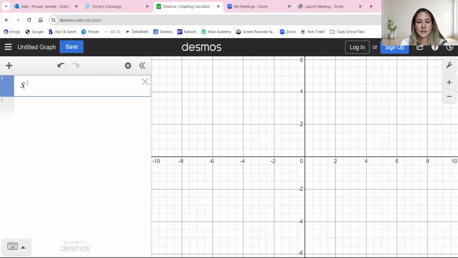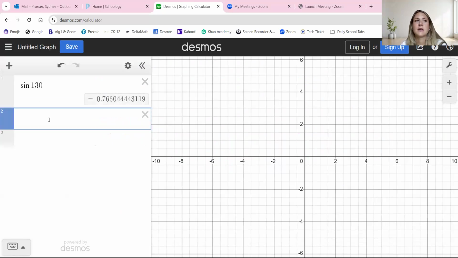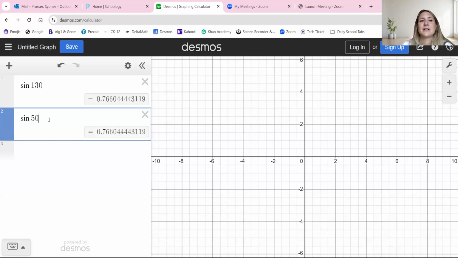And we're going to type in sine 130, which is about 0.766. Sine of 50 degrees, its reference angle, is also 0.766. So trig functions are equal based on their reference angles. The sines here are the same, and we can talk about why these sines are the same, as in they're both positive 0.766.